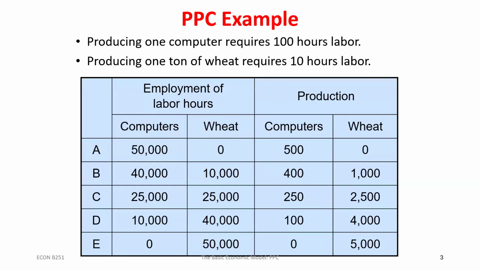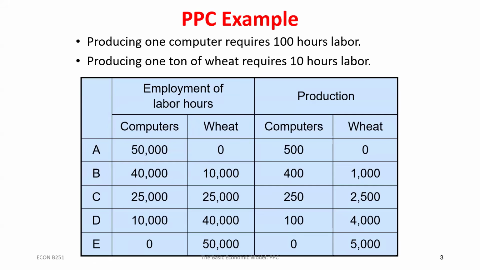Okay. Now, what if I think about a point that's right here? Well, if I was producing 2,500 tons of wheat, I said I could only produce 250 computers. So could I produce out to this point? No. If I keep the amount of wheat the same, I've already used all of my resources when I have 250 computers.